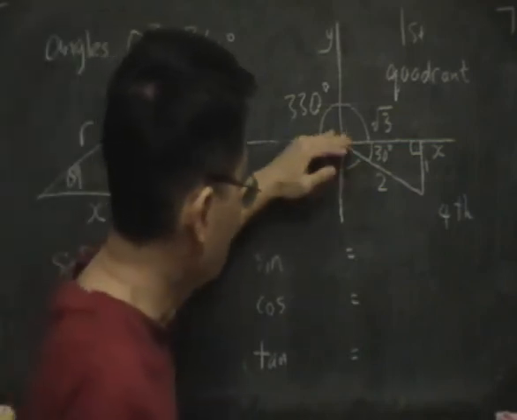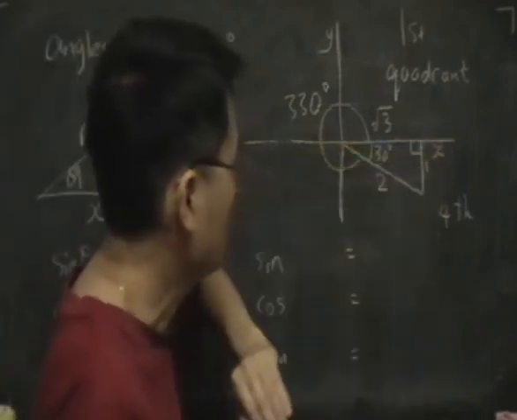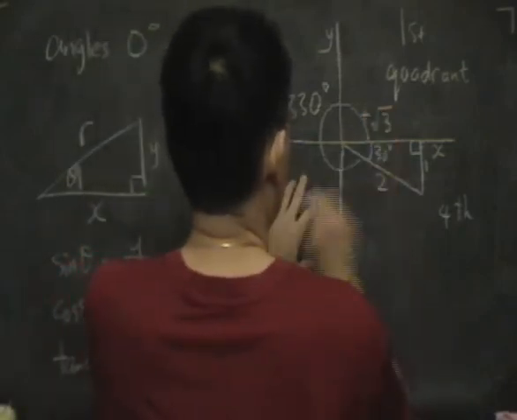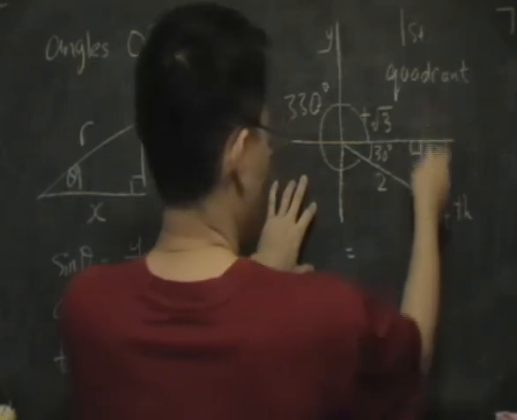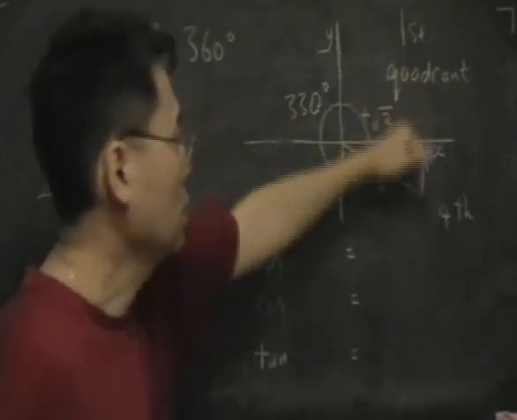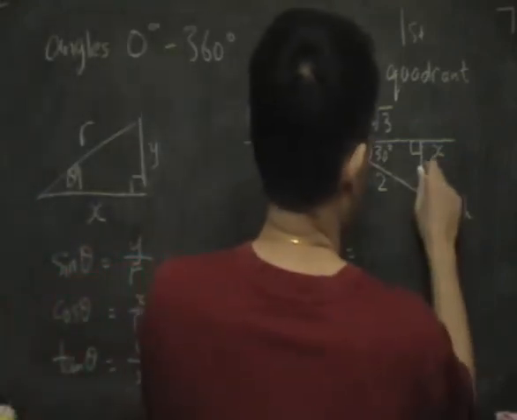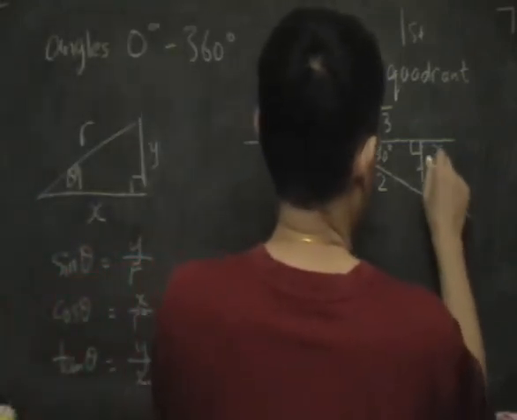The adjacent is along the positive x direction, so it's just a positive number. The 1, the opposite, is pointing in the negative y direction, so it's really a -1.